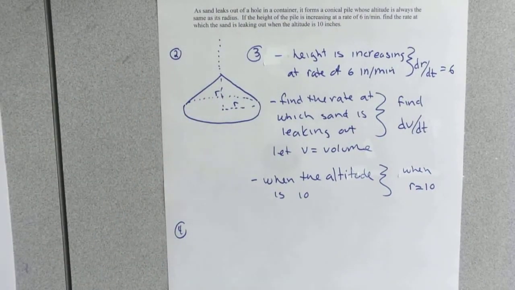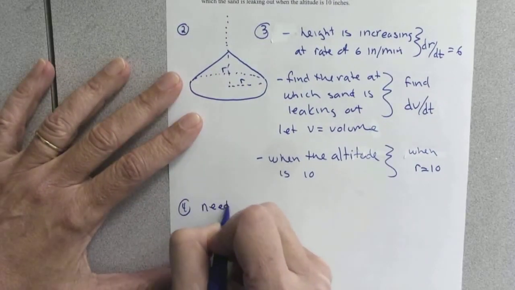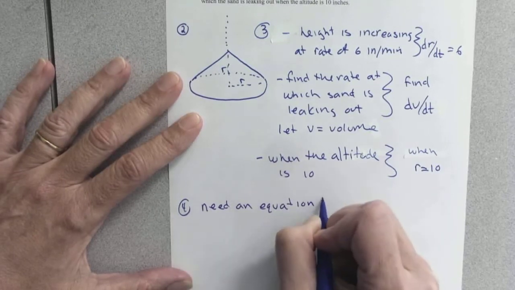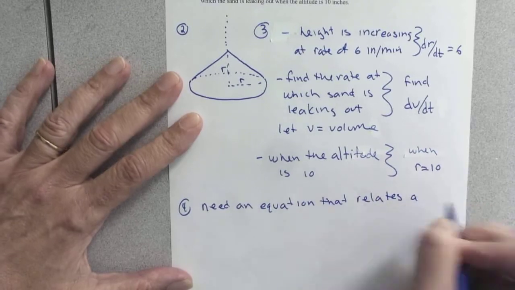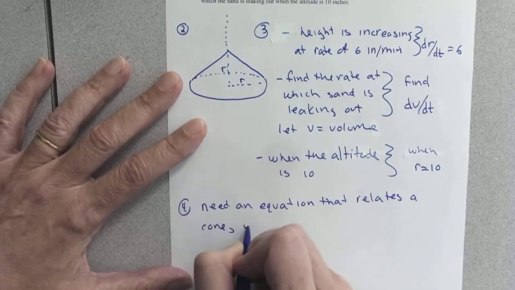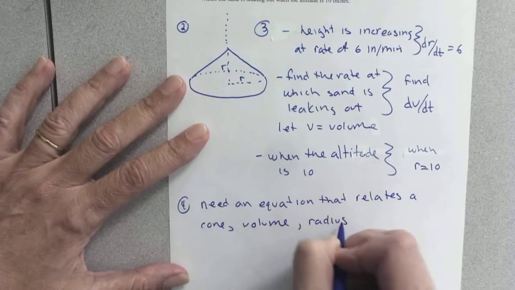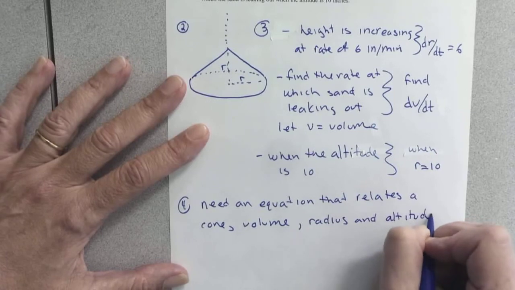So now step 4. Step 4 says write an appropriate equation relating all the quantities and the picture. So I need an equation that relates a cone, volume, radius, and altitude, or height if you don't like the word altitude.